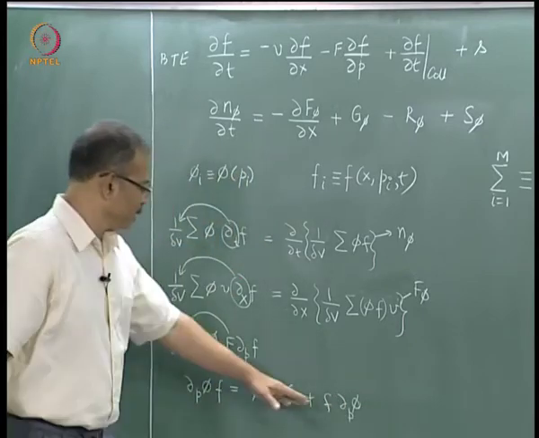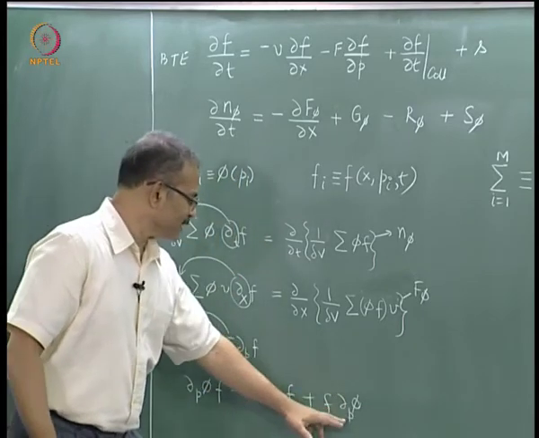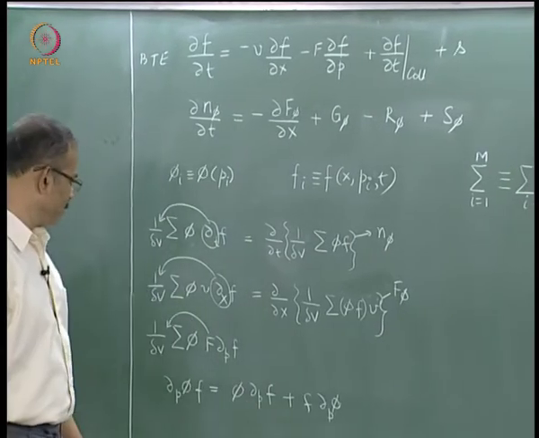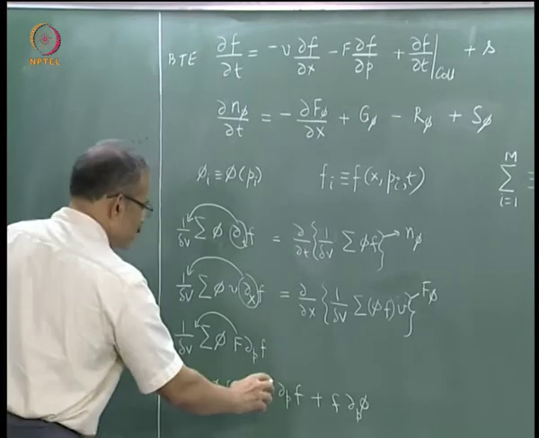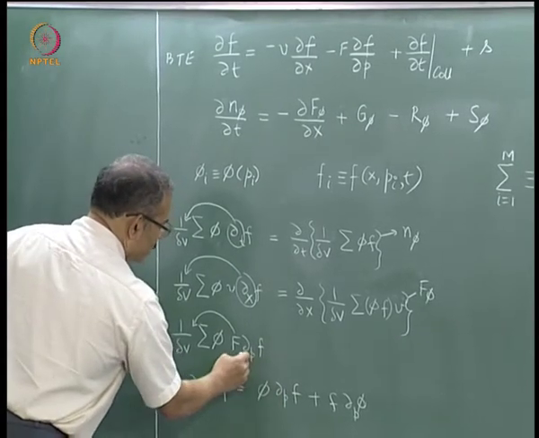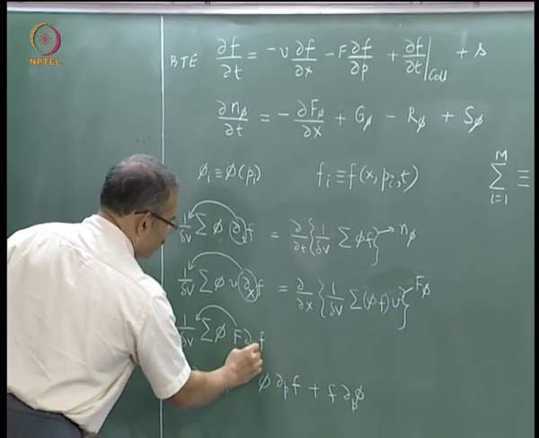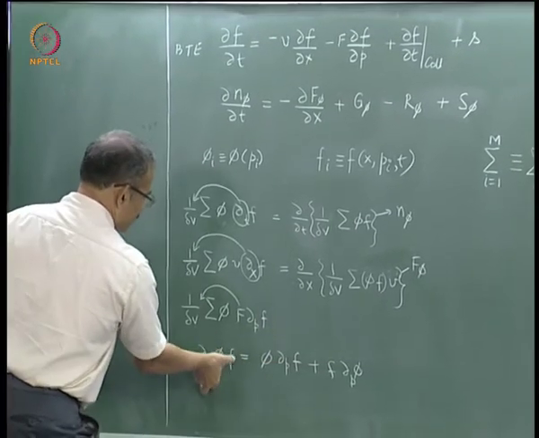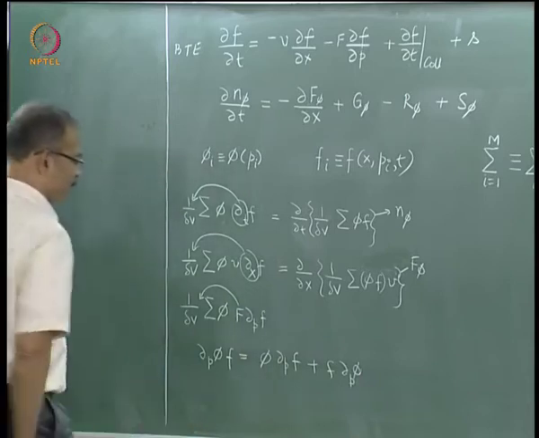Now derivative of phi with respect to P can be easily derived because phi is a function of p, and therefore what we do is we write this quantity phi into dou p by dou f, which is what has come here, as difference between this quantity and this quantity.